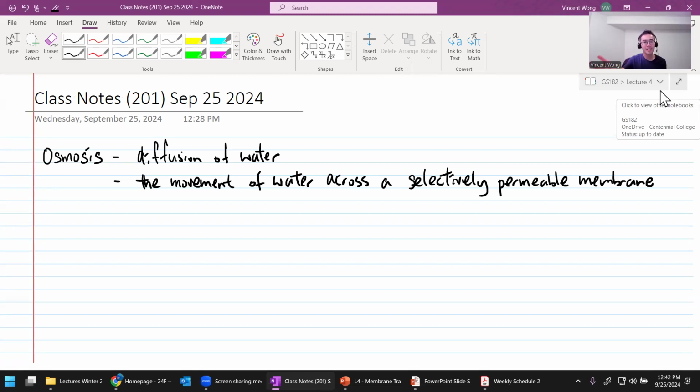So whenever a membrane is selectively permeable, it means it's not gonna let everything through. There's some regulation going on. And if we focus on the movement of water across such a membrane, then it is called osmosis.